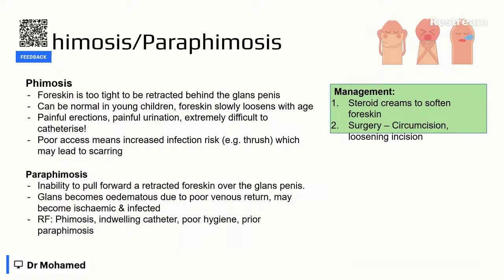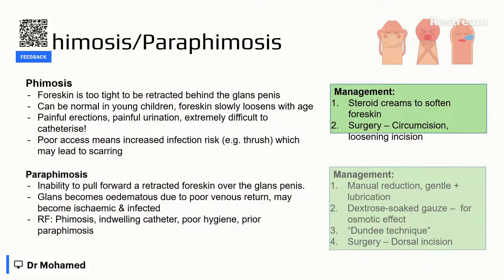I haven't seen that used, but it's an option. But if someone is struggling with their phimosis, then essentially elective circumcision is the route, and they can be referred to urology for that.